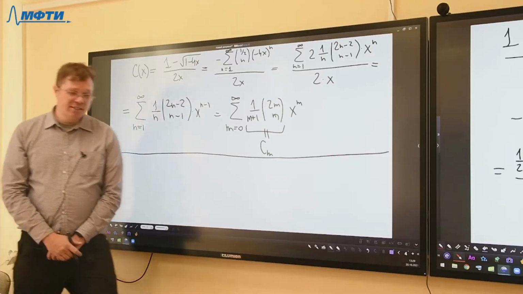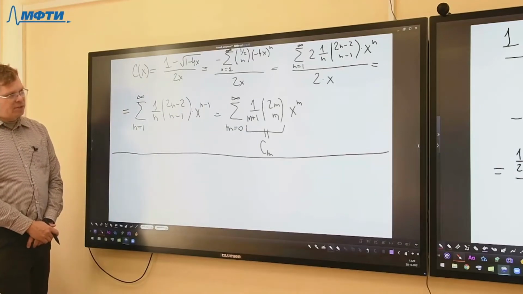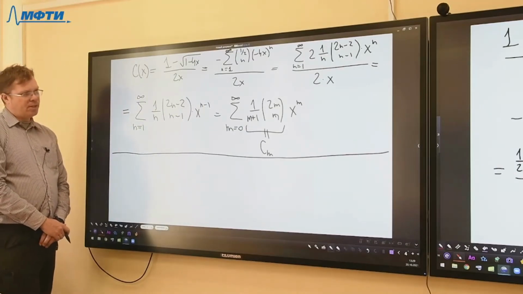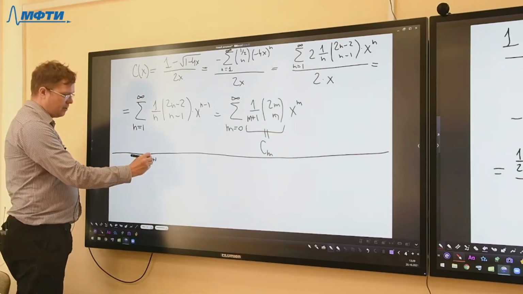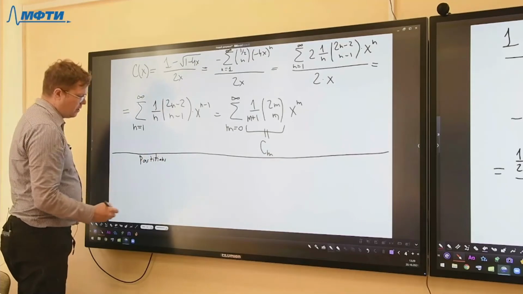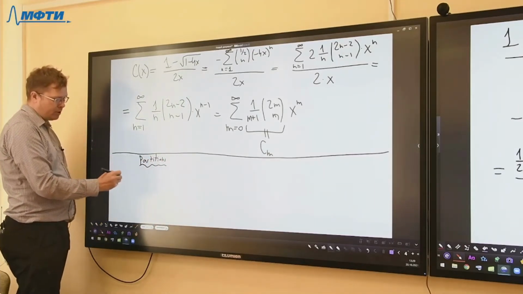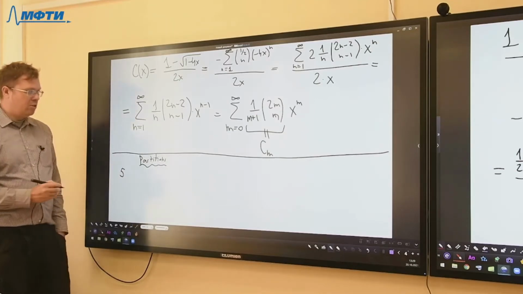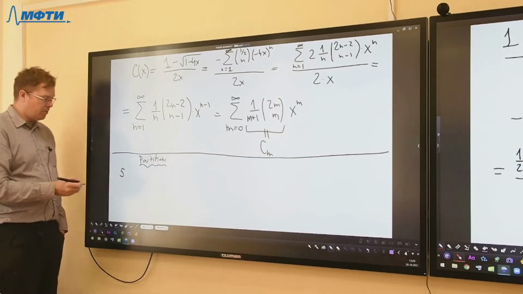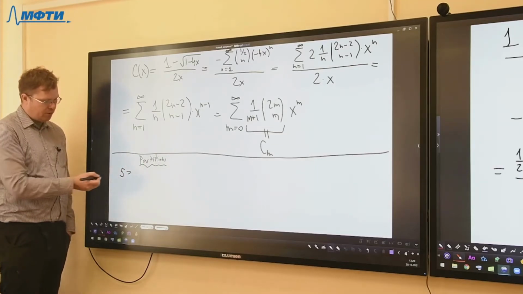So I just explained in the previous lectures, we can choose one of two topics. One of them is partitions. Partitions is how many possible options you have to write a natural number as a sum of lower positive numbers.